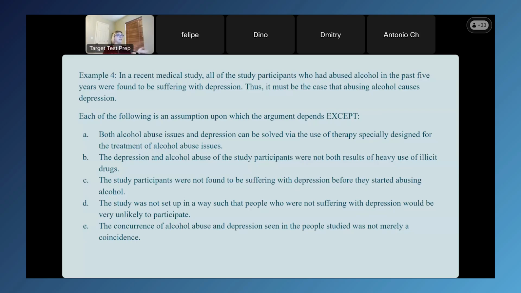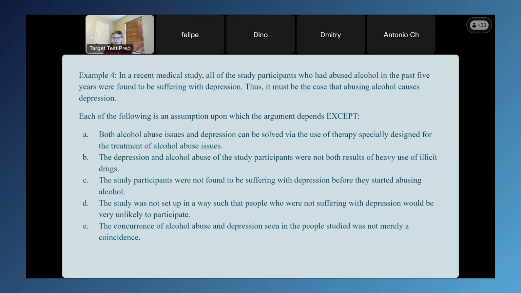So the conclusion here is strictly that it must be the case that abusing alcohol causes depression. We're not really getting to the point of solving depression or alcohol abuse issues. That is outside the scope of this argument. We are specifically just talking about this cause and effect relationship. So A is not a necessary assumption.